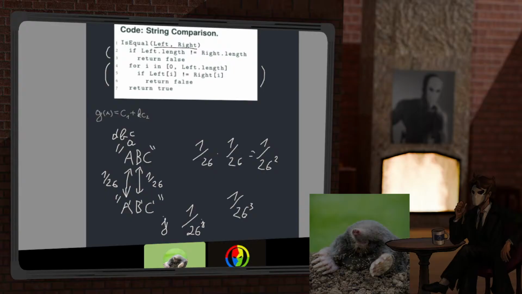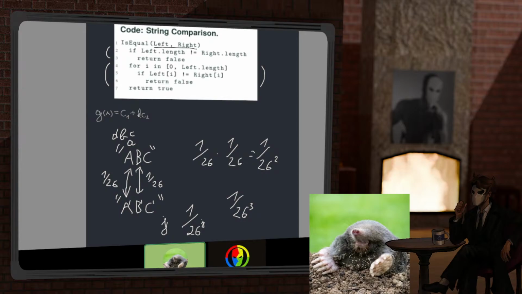Now, this 1 over 26 exponent j is the likelihood that at least that many characters are equal. For example, the 1 over 26 exponent 2 is the probability that these 2 are equal, but we don't say anything about C. What would be a bit more interesting is the probability that exactly these 2 characters are equal.